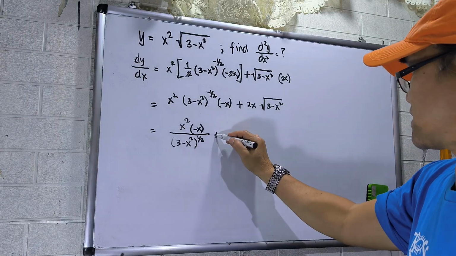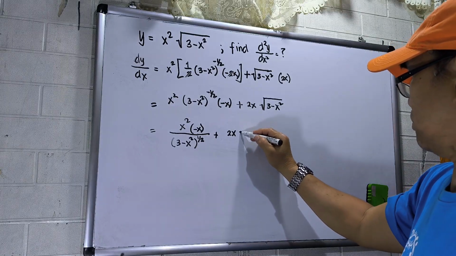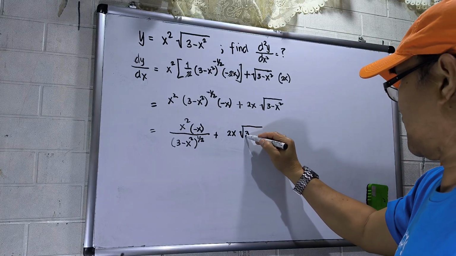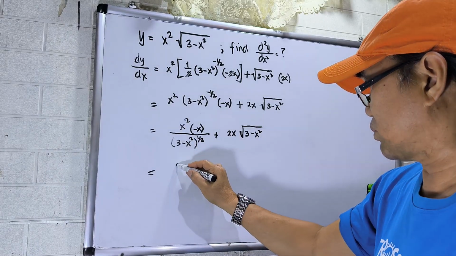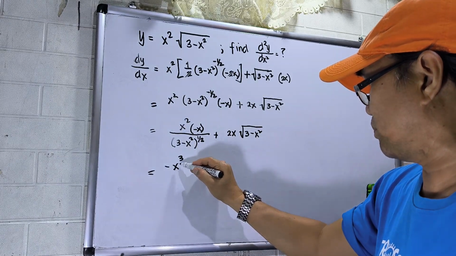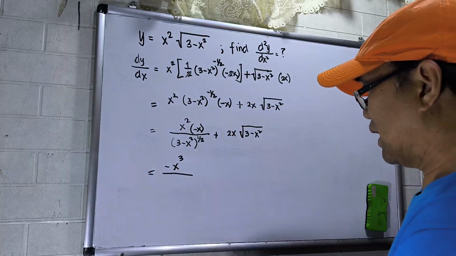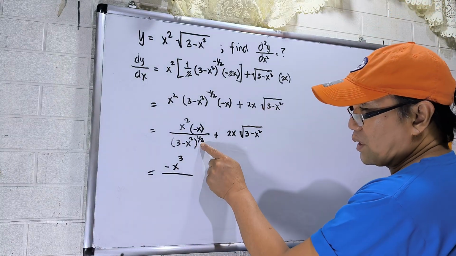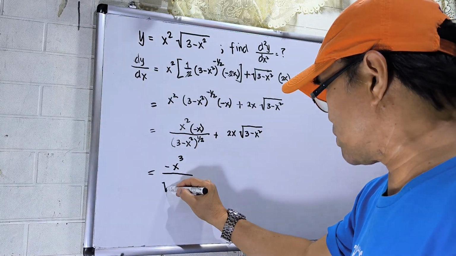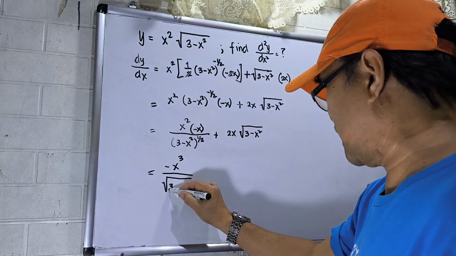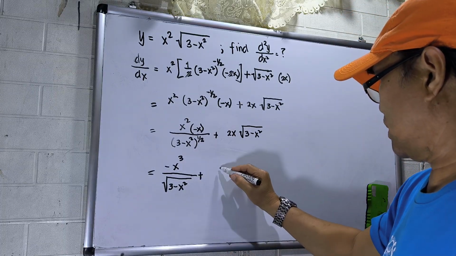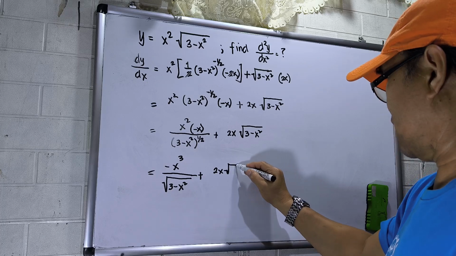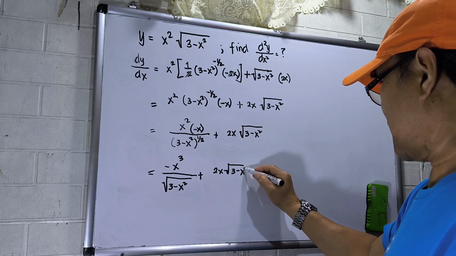And then plus 2x times square root of 3 minus x squared. So negative times positive, that will be negative x cubed. Then I will write this one in radical form. So this will be square root of 3 minus x squared. Then this will be plus 2x square root of 3 minus x squared.